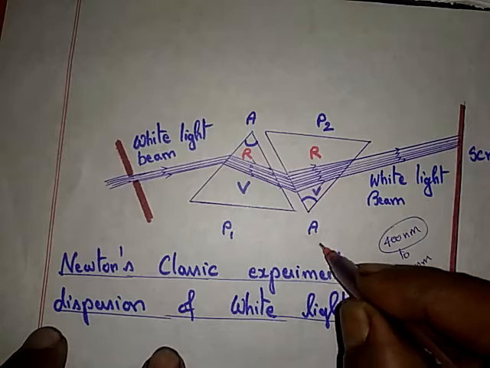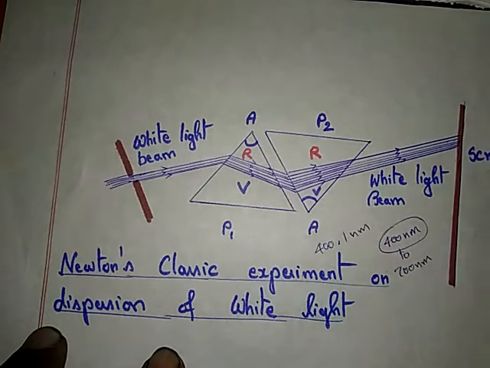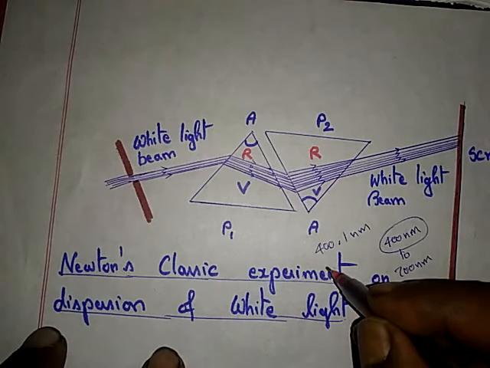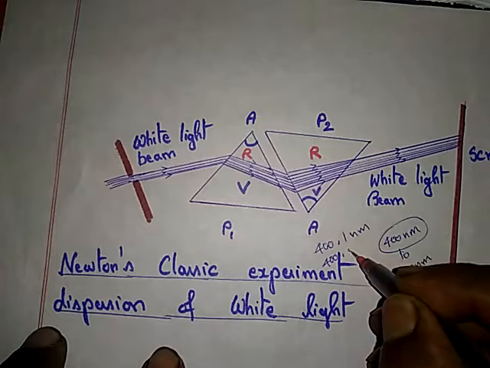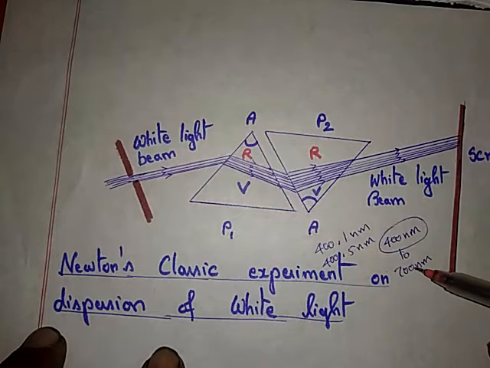Now 400.1 nanometer is another color or shade of violet. 400.5 nanometer is another shade. So generally speaking, you can have an infinite number of colors between 400 nanometer and 700 nanometer.